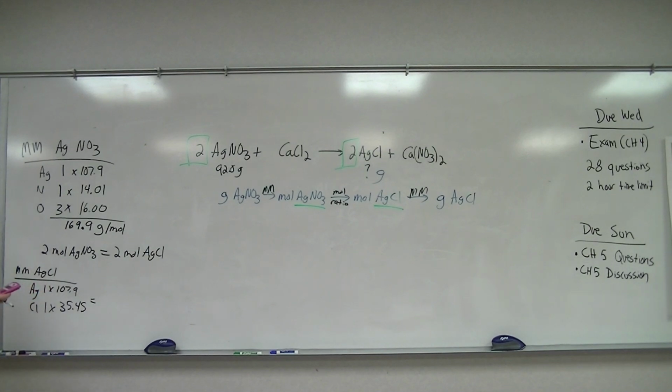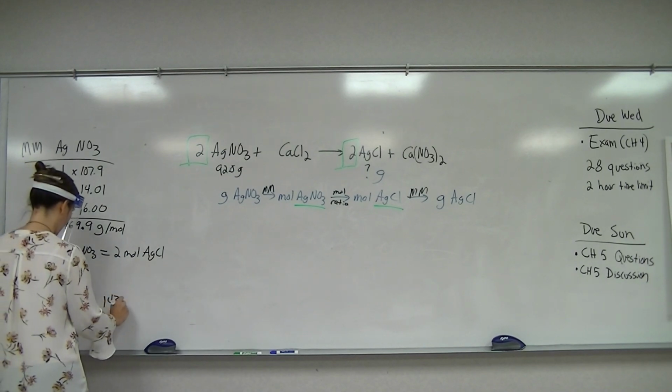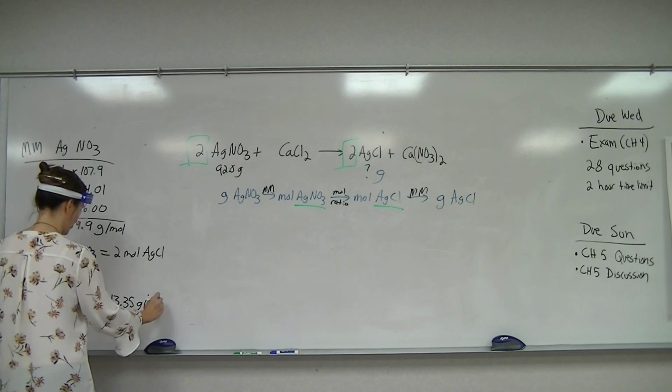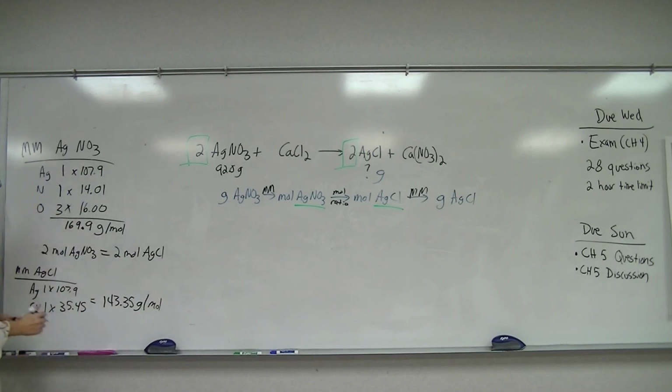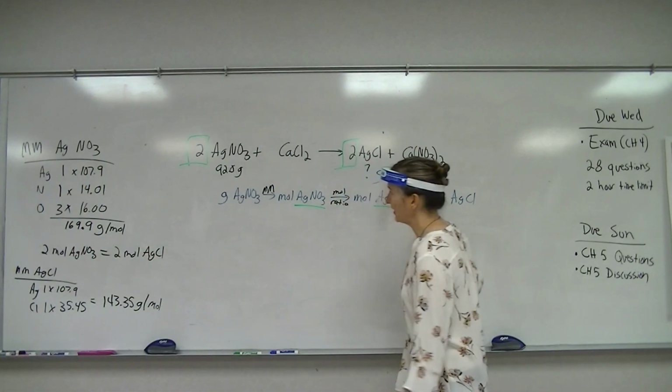Adding those together, 107.9 plus 35.45 gives me 143.35 grams per mole. All right, so I have all the steps that I need.